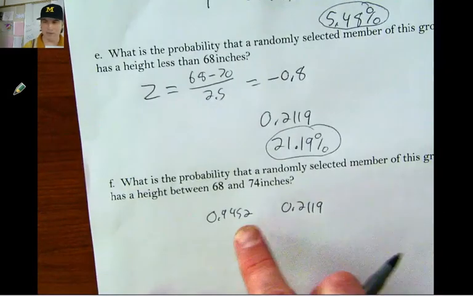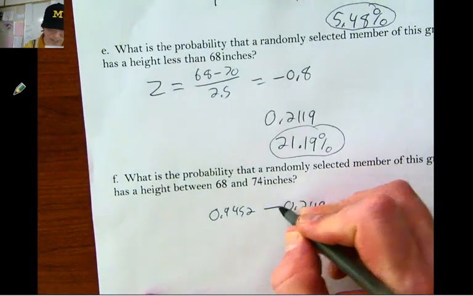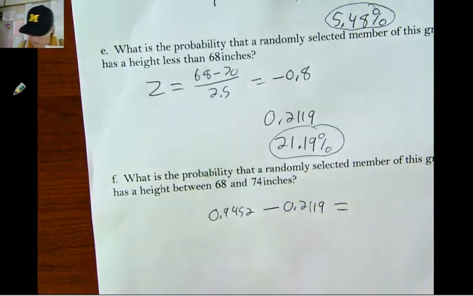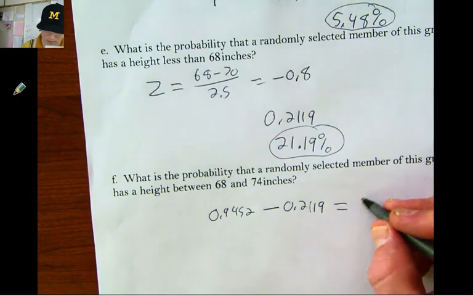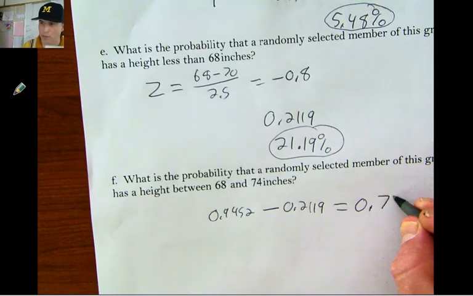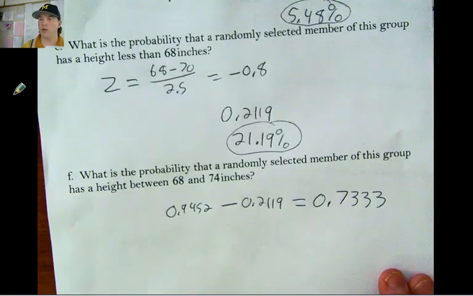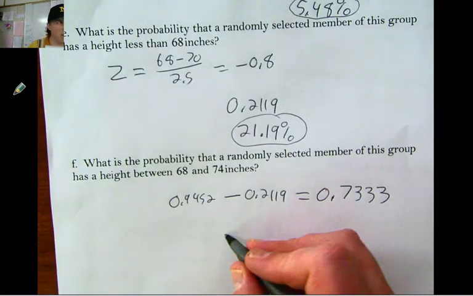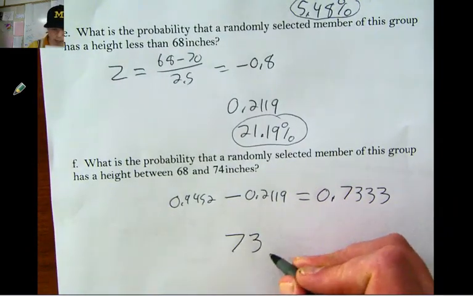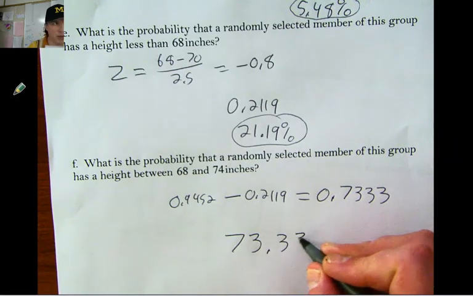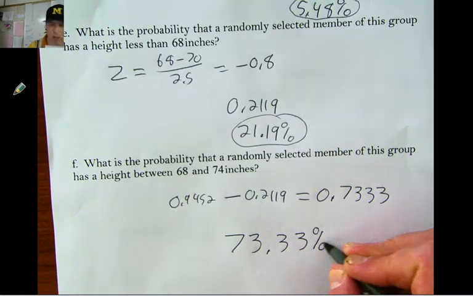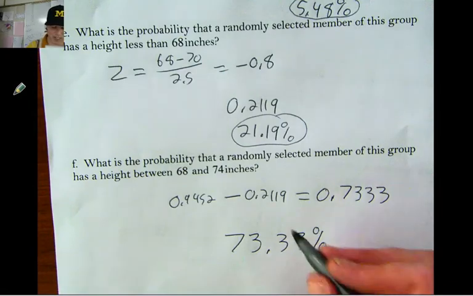So 0.9452 minus 0.2119, and I get an answer of 0.7333, which we change to a percent by going to 73.33%. And that's the complete range.